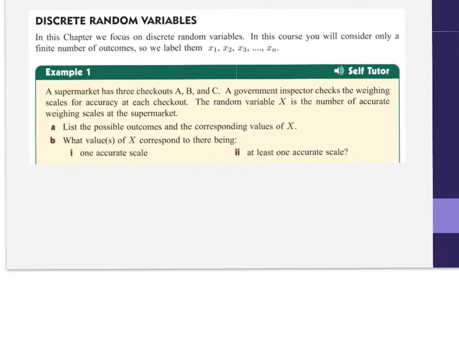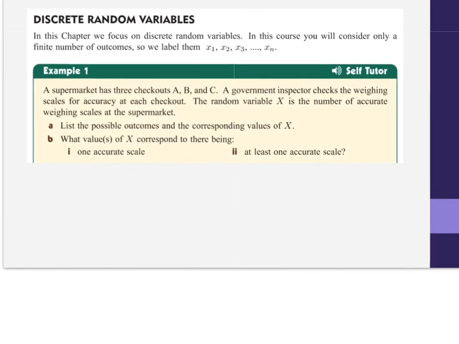So in part A, we probably want to think about the possible outcomes. There'd be lots of different ways you could do this. So possible outcomes.